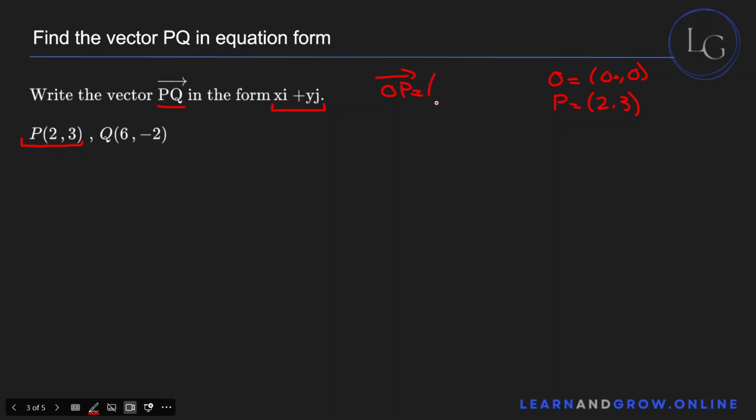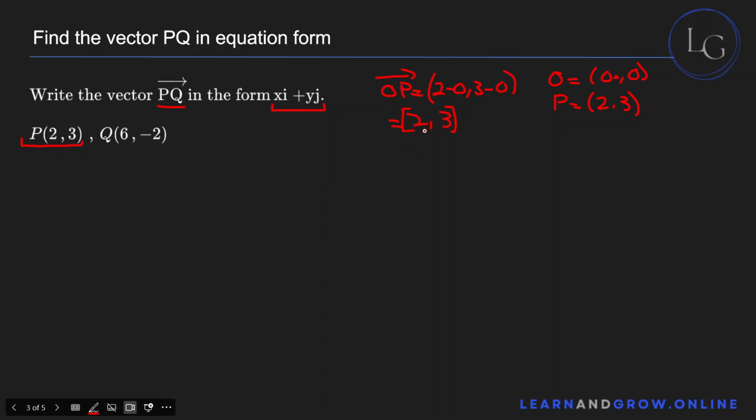Simple. You subtract, right? So you get 2 minus 0 and 3 minus 0, right? That just gives you 2, 3, the vector.